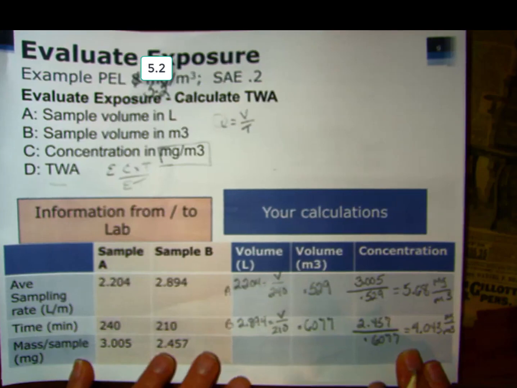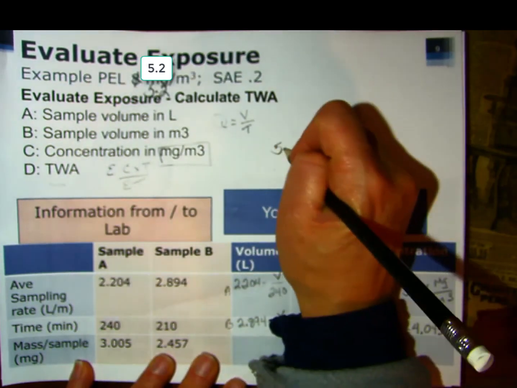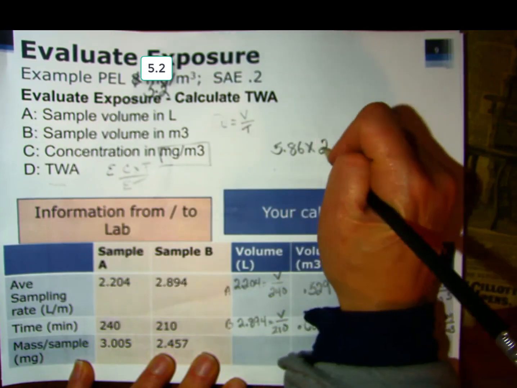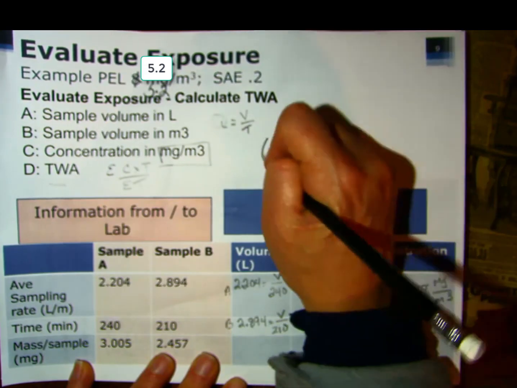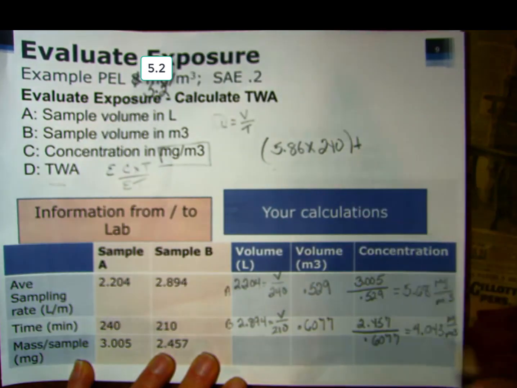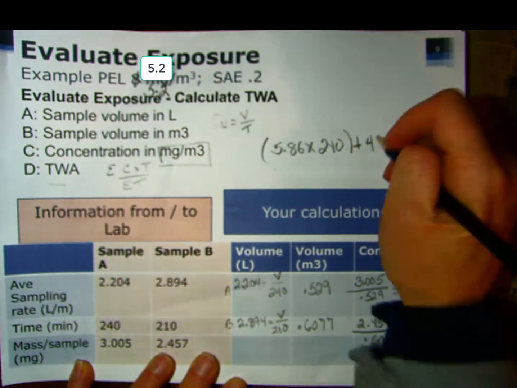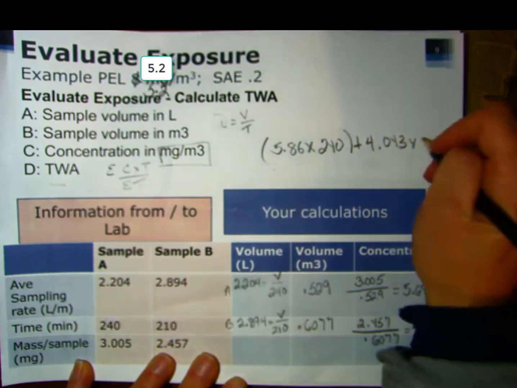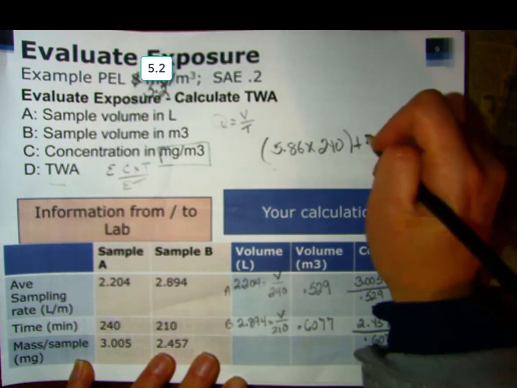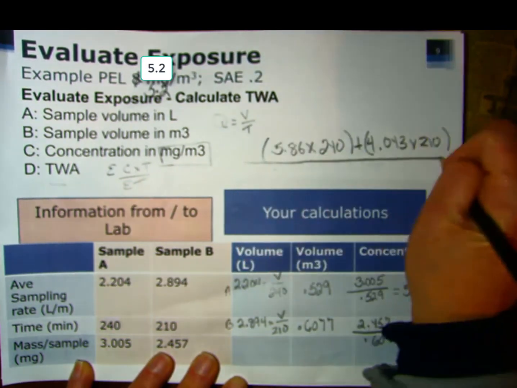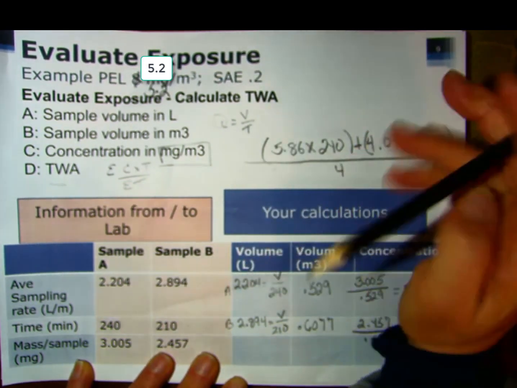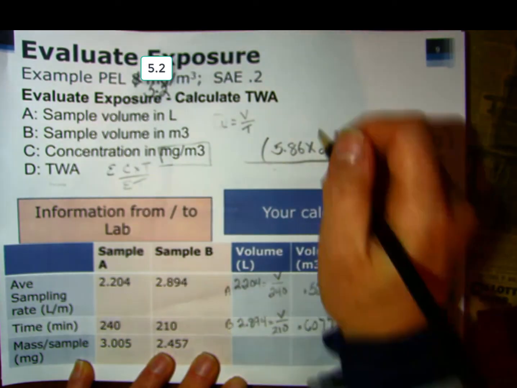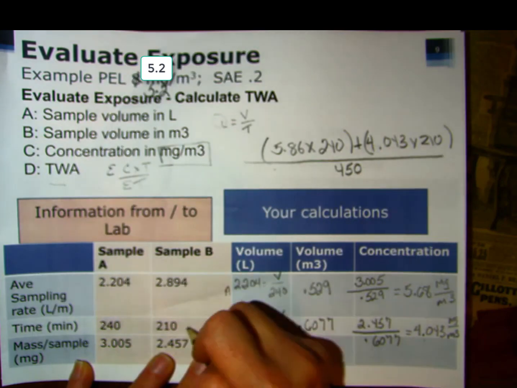So I have my concentration times time plus my concentration times time, over which is my sum of time. I added these together.